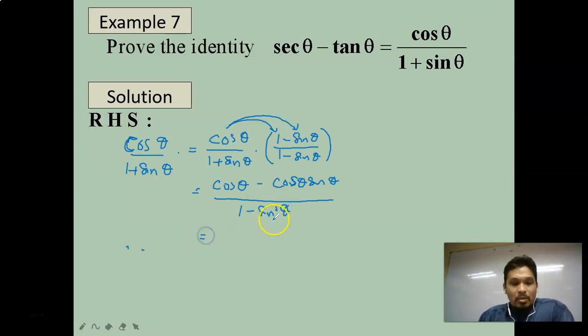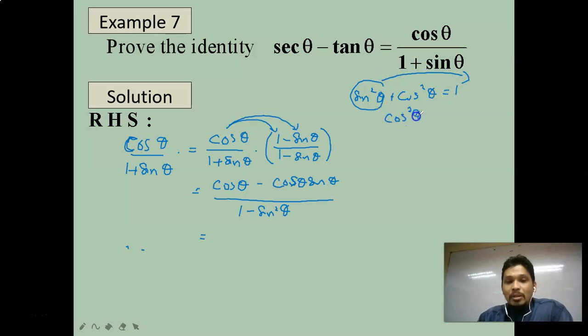And then 1 minus sine square theta: we know sine square theta plus cos square theta equal to 1, so cos square theta equal to 1 minus sine square theta. So 1 minus sine square theta we can replace with cos square theta. That's it. So cos theta minus cos theta sine theta divided by cos square theta.